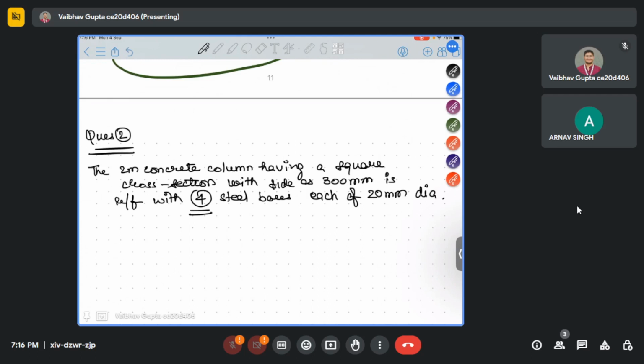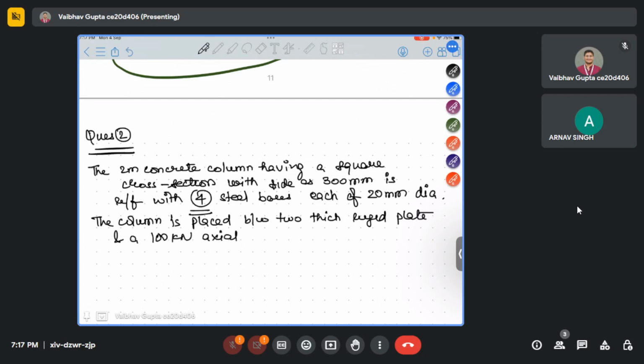The column is placed between two thick rigid plates and 100 kilonewton axial load is applied.